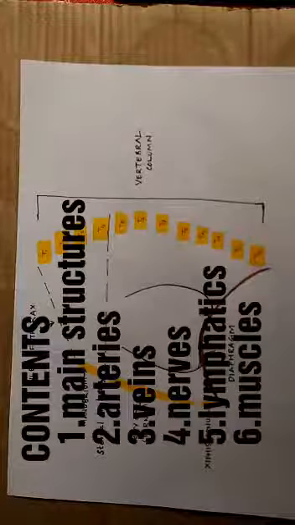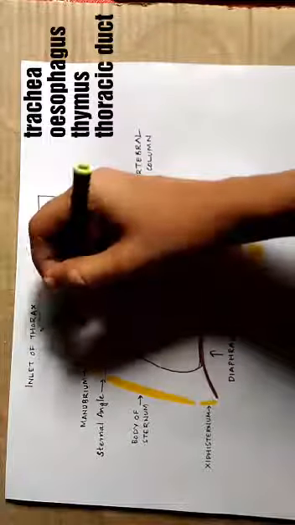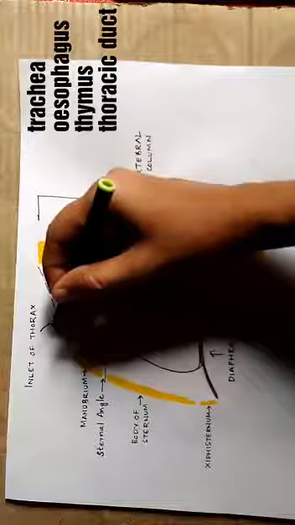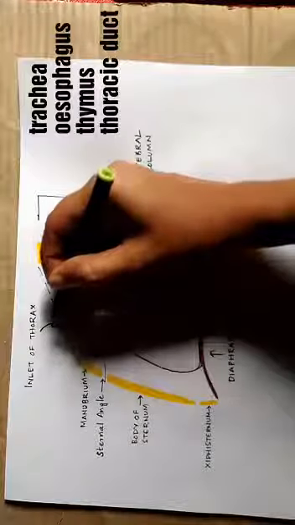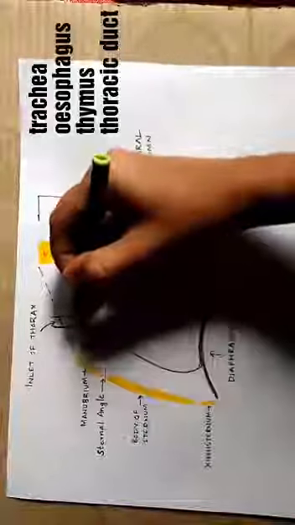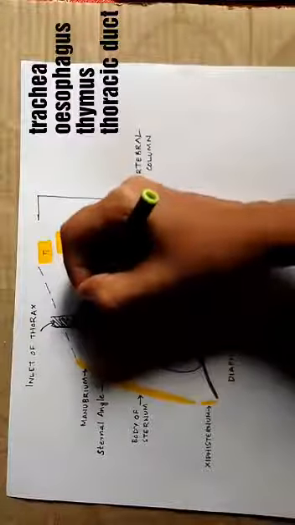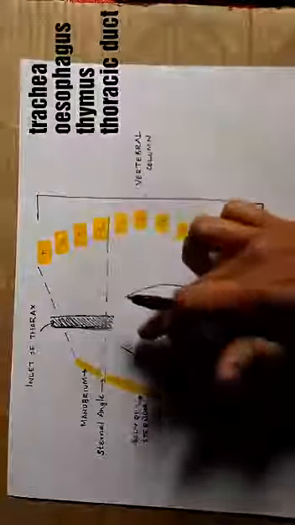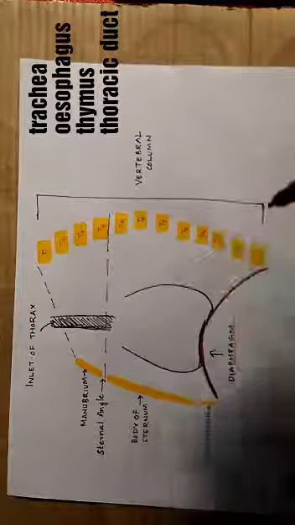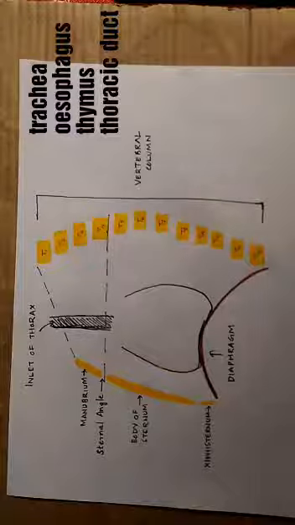About the contents of the superior mediastinum, we have the trachea, which starts from the neck. This is the trachea. It goes down to the middle mediastinum, and reaching here it bifurcates into the 2 principal bronchi and enters the lungs.